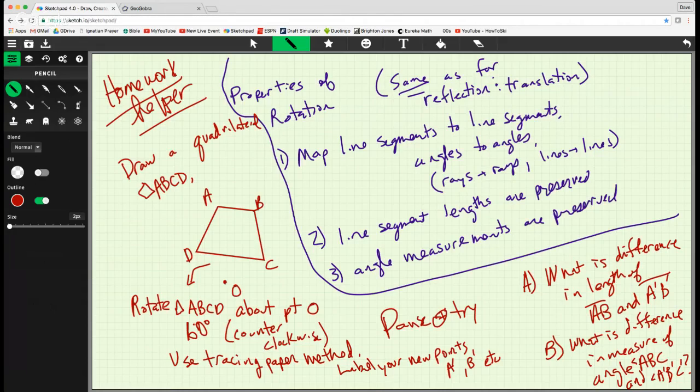When we said we want to make it 60 degrees, we're going to make a 60-degree line.